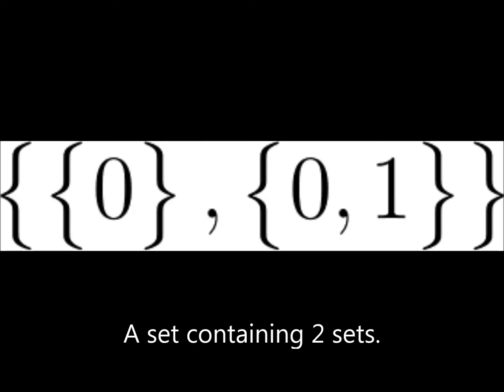It's also important to understand that if I have a set of just the number 0, that's a set. I know it only has one element, but it is a set. And actually we call a set with one element a singleton set. A singleton set has one element. Okay, let's try this. We're going to have {{0}, {0, 1}}.